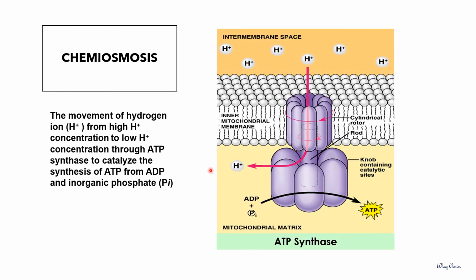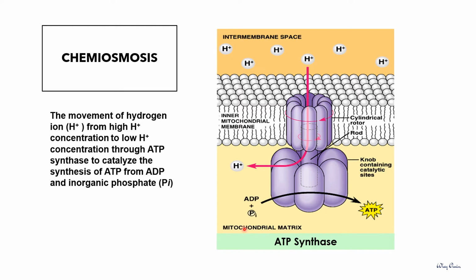When the protons are pumped by complex 1, 3, and 4 from the matrix of mitochondria to the intermembrane space, they will cause a higher concentration of hydrogen ion in the intermembrane space, and this produces a gradient between the intermembrane space and the mitochondrial matrix.